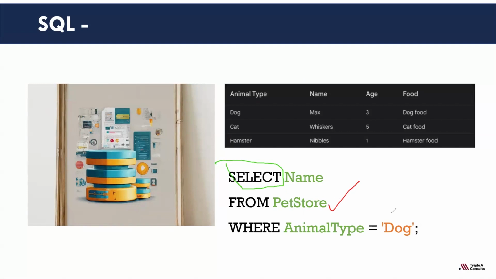And so when I run this SQL query in my SQL Management Studio, it will return the feedback for me, and I will know the name of the animal.